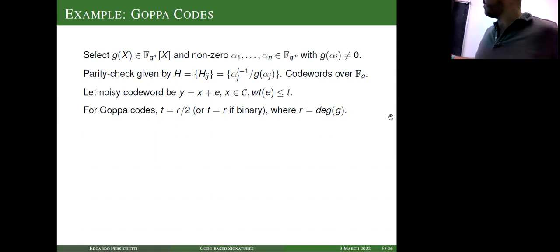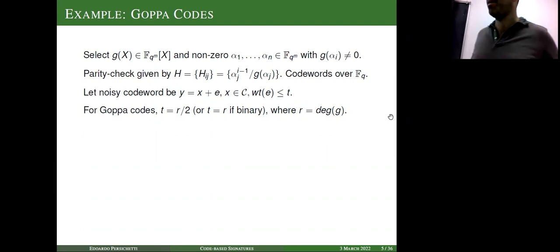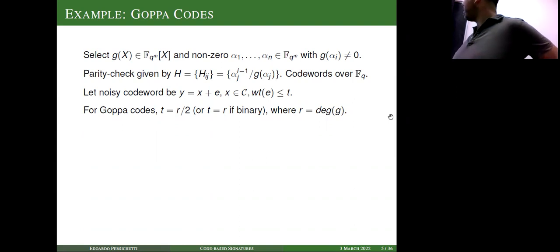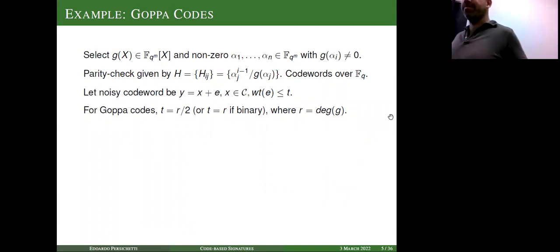Again, it's a simplified description; the proper one goes through evaluations of polynomials, et cetera. But in the end, we get a nice parity check matrix of this form, where the element in each row and column is a certain power of the support element divided by G evaluated at that element. This defines a parity check matrix over the extension field, but the Goppa code proper is restricted to codewords over the base field. So it corresponds to what we know as a subfield subcode construction.